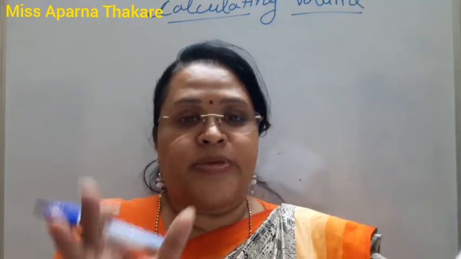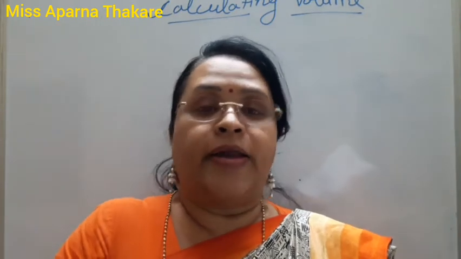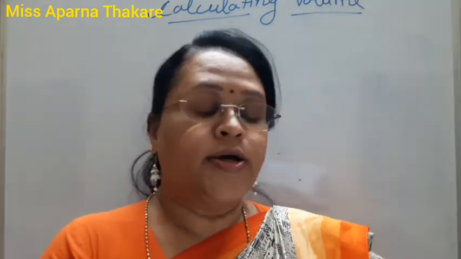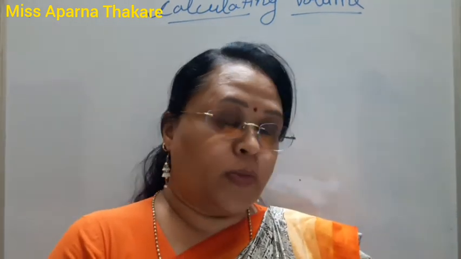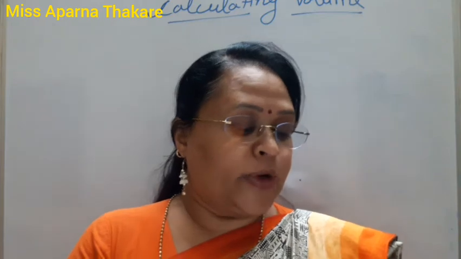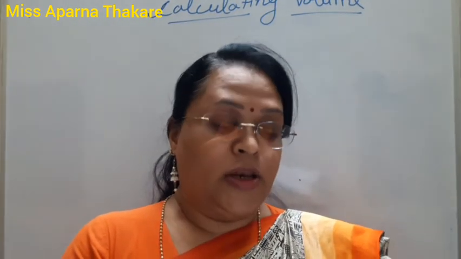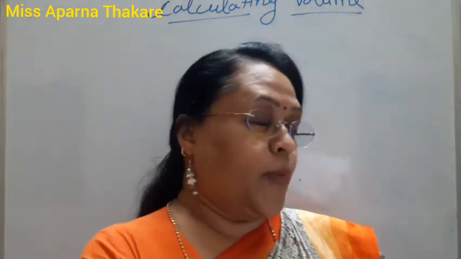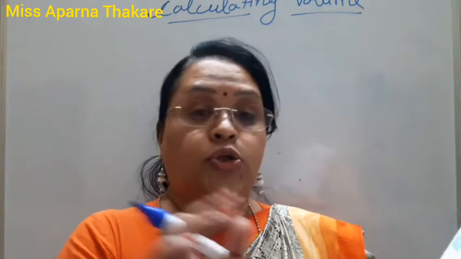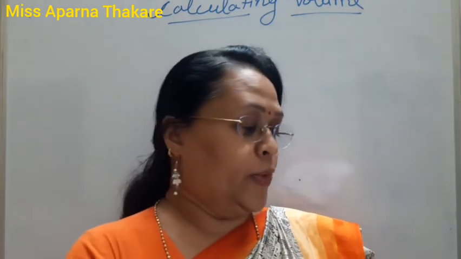A cube means a small box where all sides are the same, square in shape, and a cuboid is rectangular in shape. While finding the volume of a cube or cuboid, you first count the number of cubes in a layer and then find the number of layers. Here is the picture of a cuboid, with 2 orange arrows and 1 blue arrow, and the scale is also given.